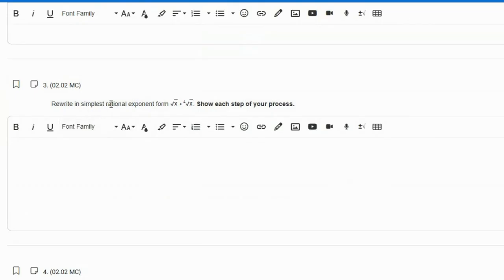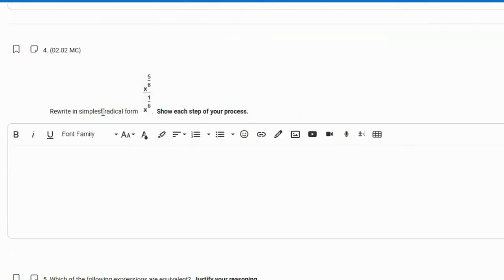Rewrite this in simplest rational exponent form. This should have a fraction exponent. And it gave it to us as a radical. So we got to change this from a radical to exponents that have fractions, and then use our rules on multiplying, the product rule, to simplify that.